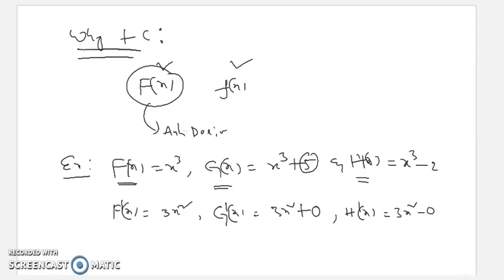So you can add any constant to an antiderivative and we get another one. Okay. So for this reason, we need to add a constant c to the answer or result of the integration.